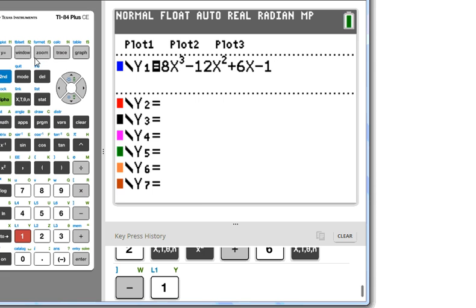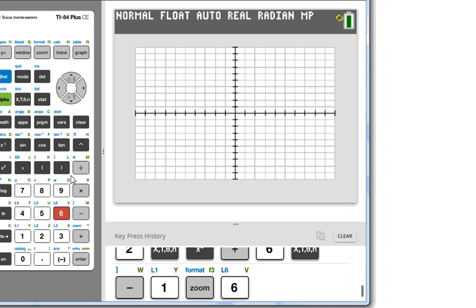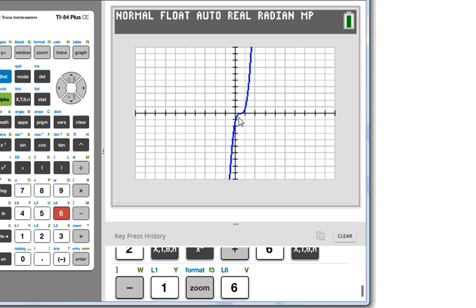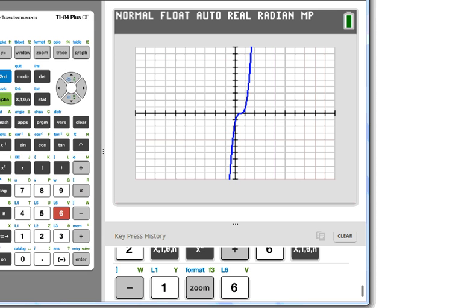Graph. I'm going to do Zoom 6 to get the window back again, and then you can do a tight view of this. You can see that it touches the x-axis in just one place. The other answer choices A and B will touch in 2 places. C is our correct answer.